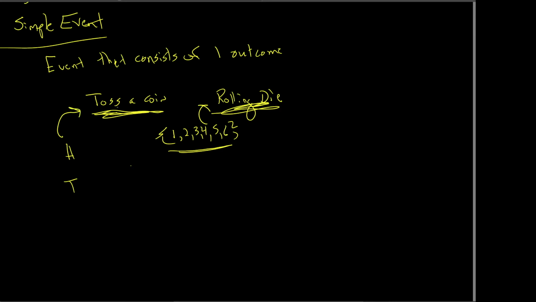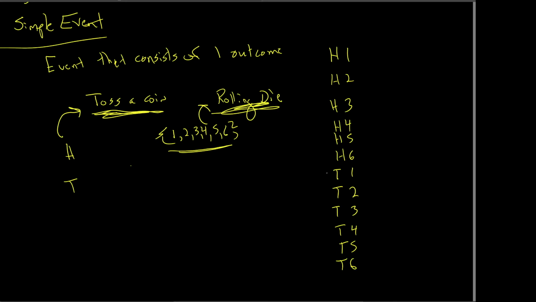But if I do them together, if I toss a coin and then roll a die, well, I get a tree of these two. I'm going to put it down here in this space here. I tossed a head, rolled a 1. Tossed a head, rolled a 2. Tossed a head, rolled a 3. And so on. In fact, I get 12 outcomes in this particular probability space. And a simple event has only one outcome.